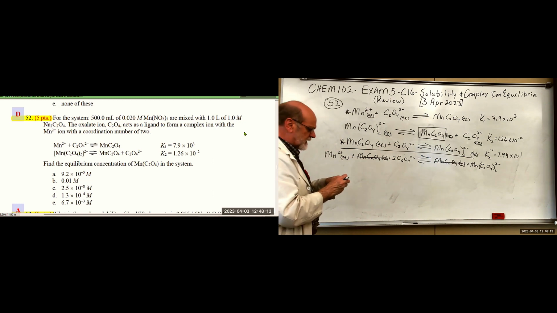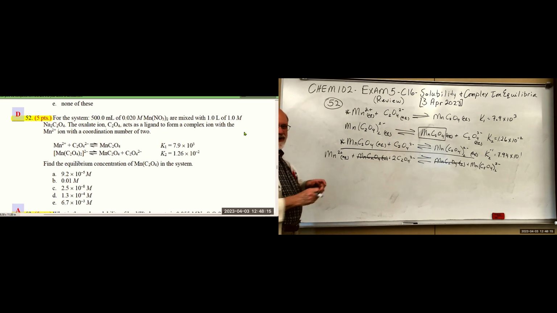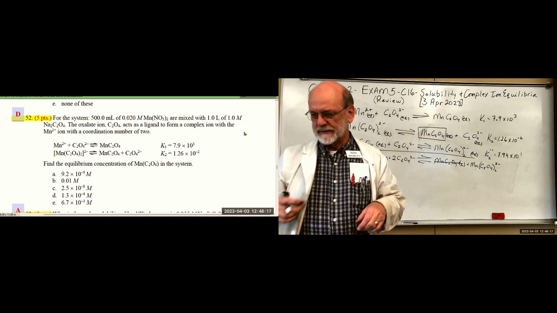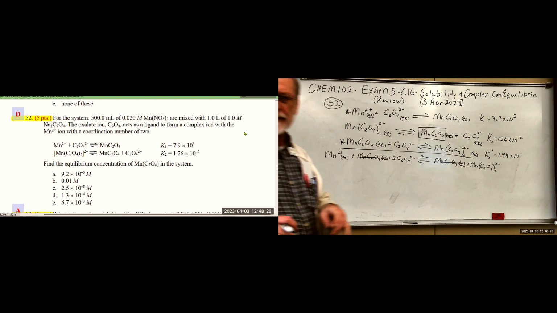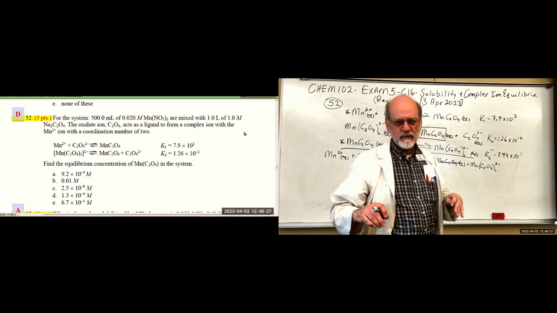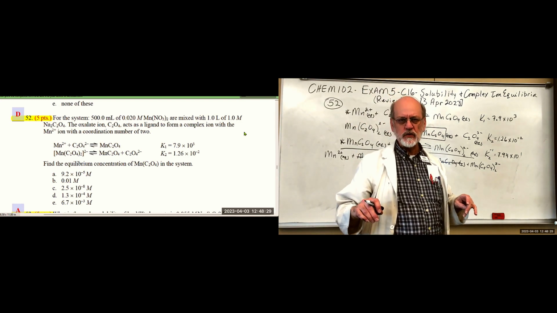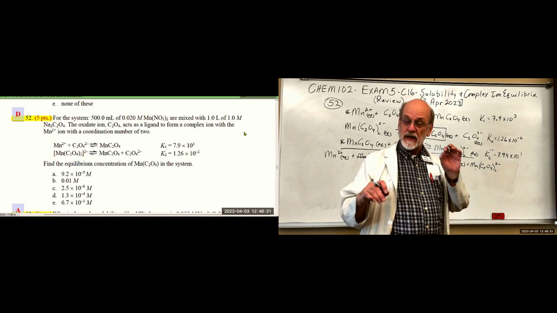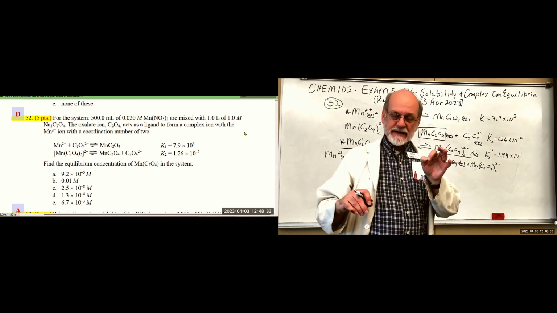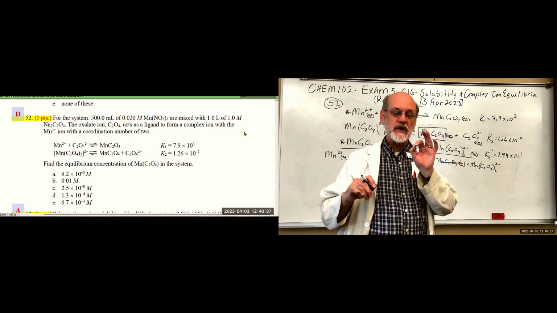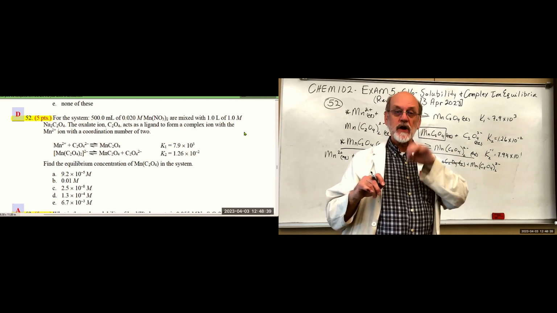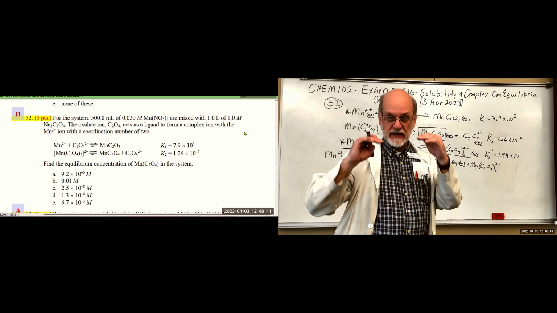All right, now let's assess what we started out with. We had 500 milliliters of 0.02 molar manganese nitrate. So 1 mole of manganese nitrate makes 1 mole of manganese. If we know the concentration of manganese nitrate, we know the concentration of manganese at the beginning.